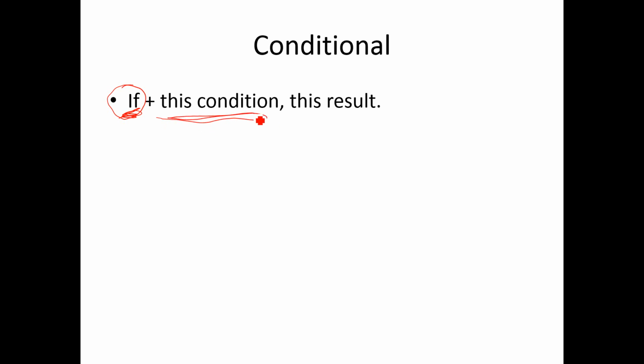First of all, let's talk about what I mean by a conditional sentence. A conditional sentence is when we use if, and what we're saying is if this condition, this result.